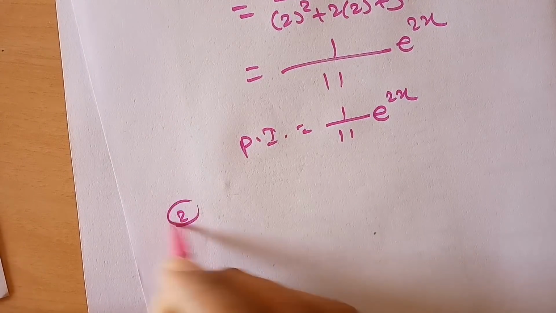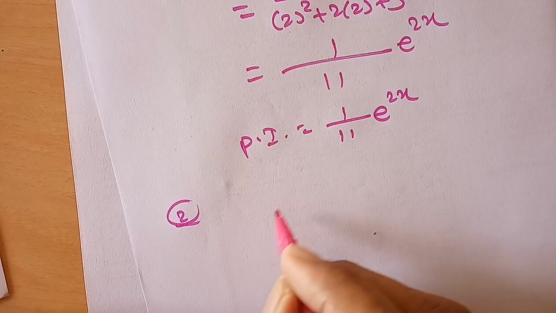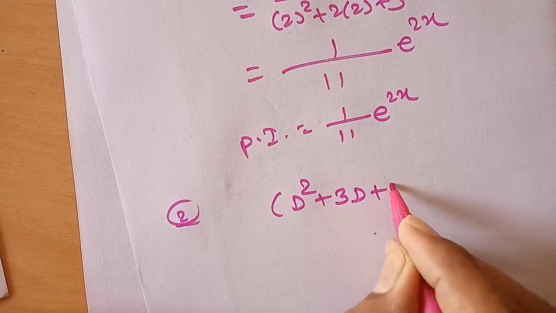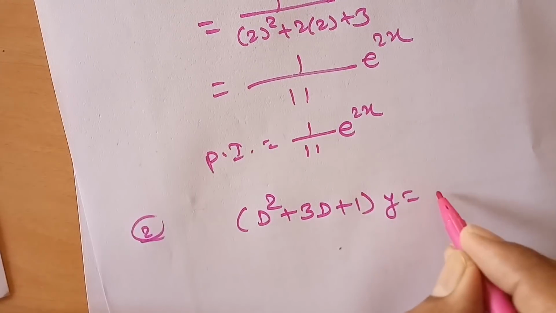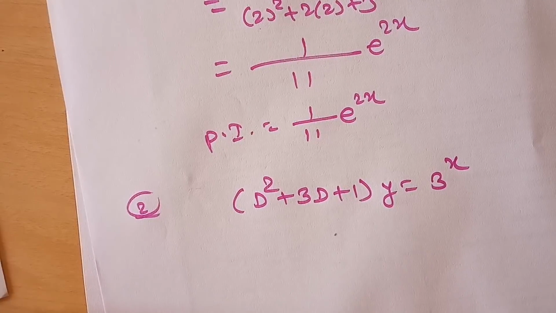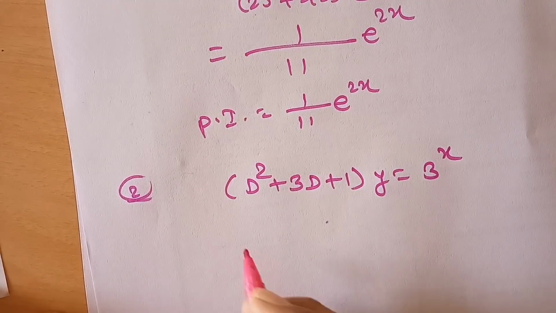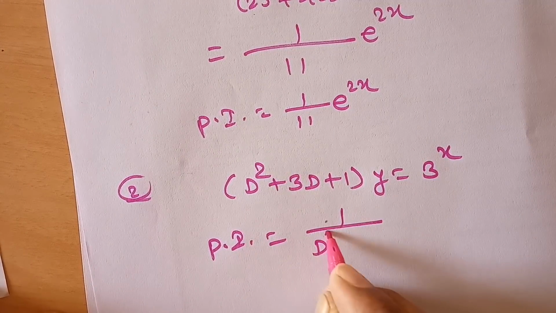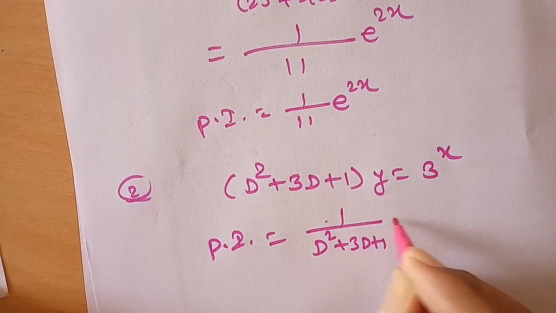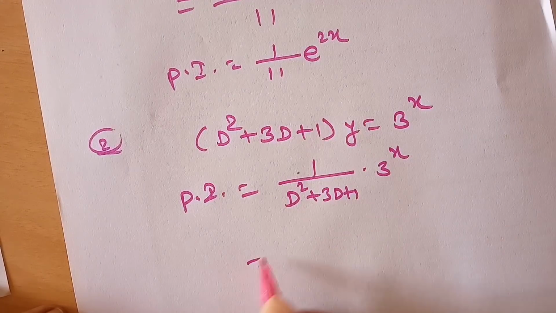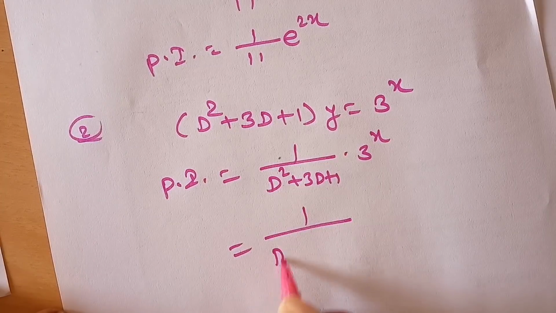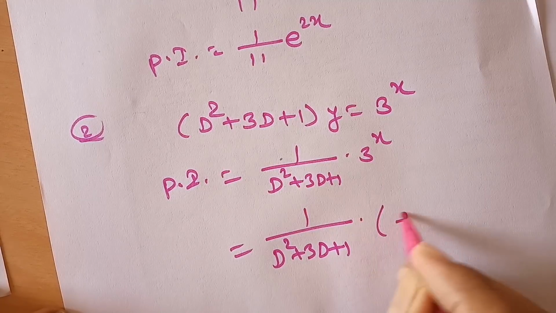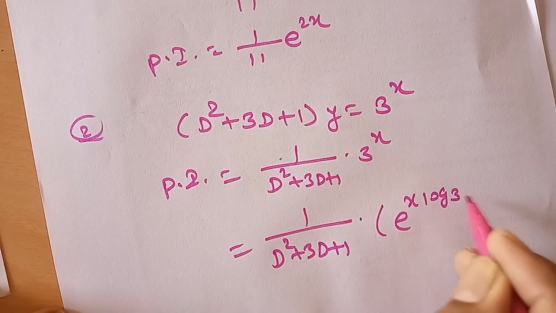I will take another example. Suppose we have to find PI for D square plus 3D plus 1 into y is equal to 3 raised to power x. Here, if we have to find PI, it is 1 upon D square plus 3D plus 1 into 3 raised to power x. As usual, I will write 3 raised to power x as e raised to power x into log 3.